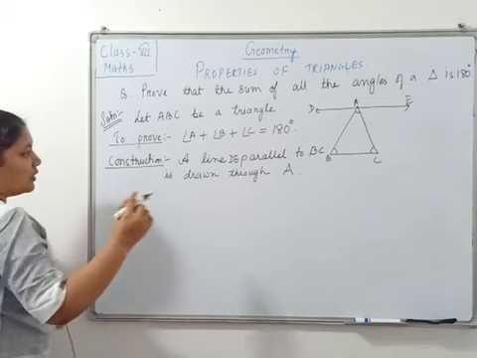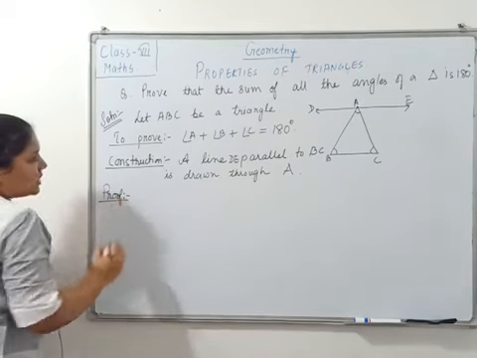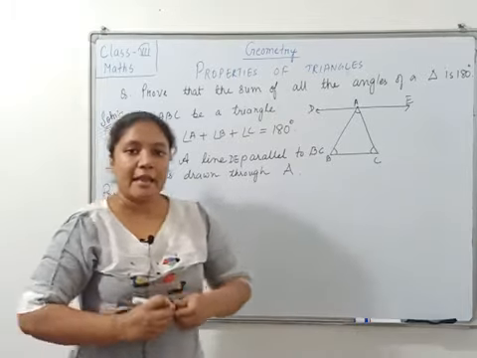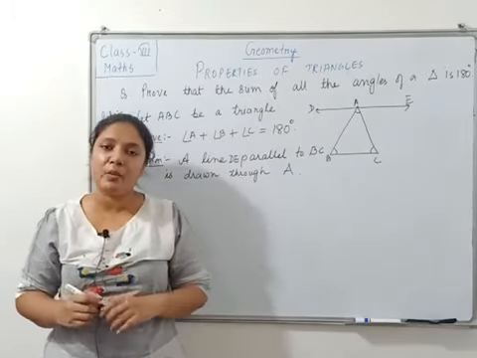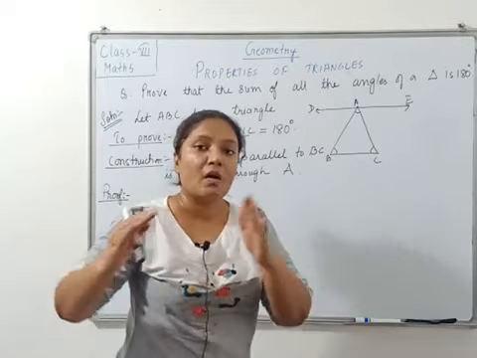Okay, so now let us start our proof. How can we start our proof? Now see, if two lines are parallel and there is a transversal, we can find what sort of angles? Corresponding angles or alternate angles.